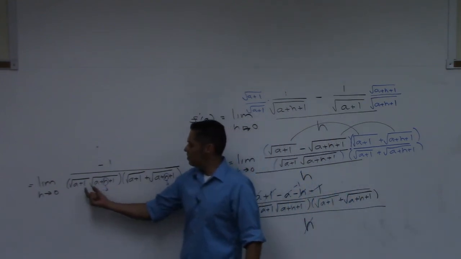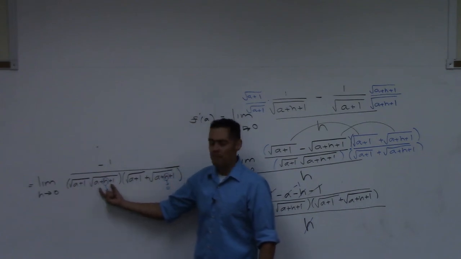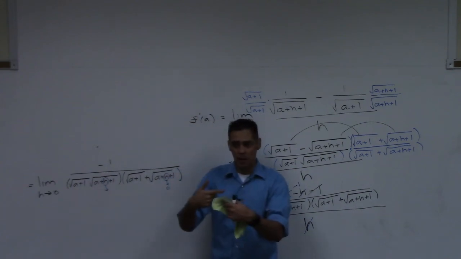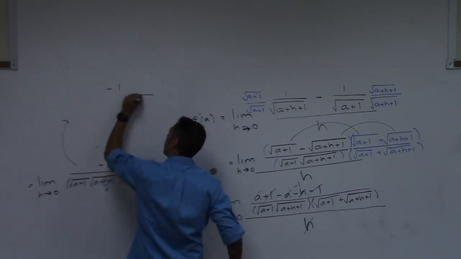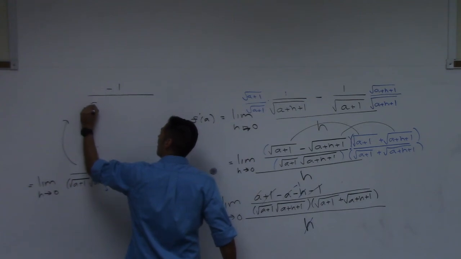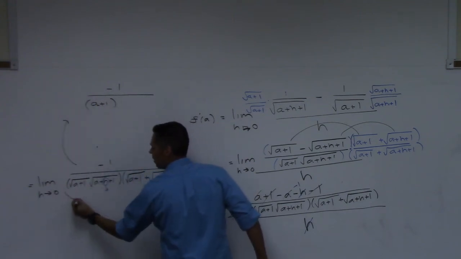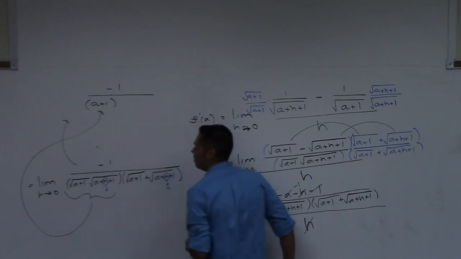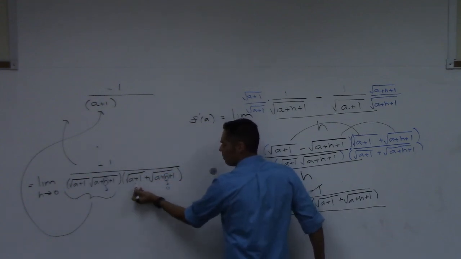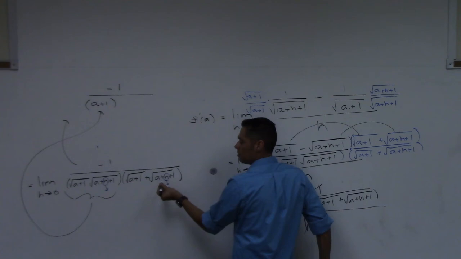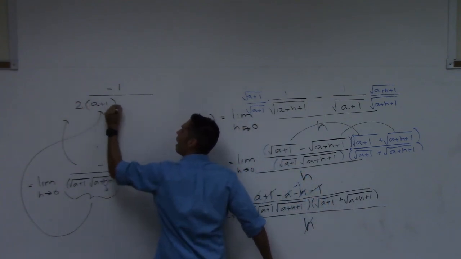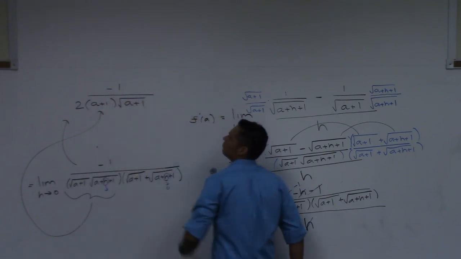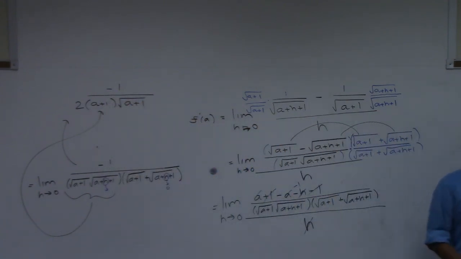So this becomes root a plus 1 times what? Root a plus 1. So the two roots multiply together, just become a plus 1. So this is becoming negative 1 over, I'm taking the limit right now, so I just get a plus 1 out front. That's these two together. And then this right here becomes root a plus 1 plus root a plus 1, which is 2 of them. So I'm going to put the 2 out here and put root a plus 1 right there. And that's the derivative. That is the slope of the tangent line at a.